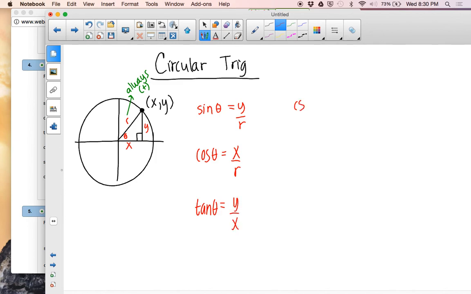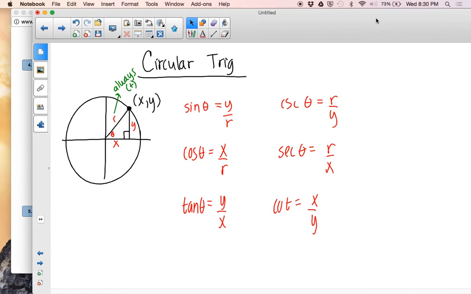And for my reciprocal functions, this is going to be r over x, this is going to be r over y, this is going to be r over x, and cotangent is going to be x over y. Now let's look at how that applies to a problem.